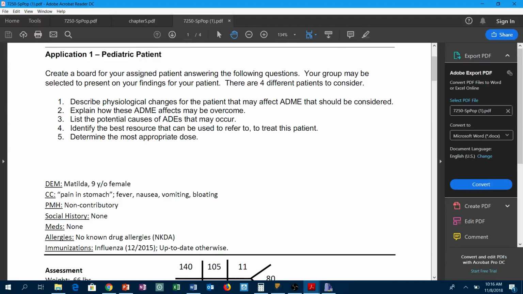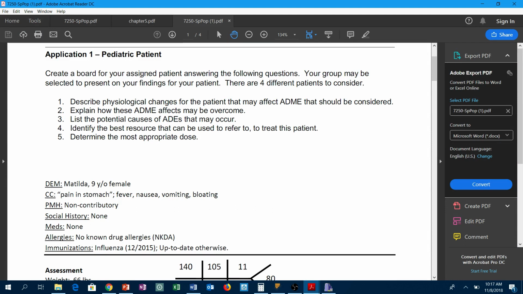Your group may be selected. So their diagnosis for her is peritonitis, right? Yeah, and then they're treating her with Zosyn.